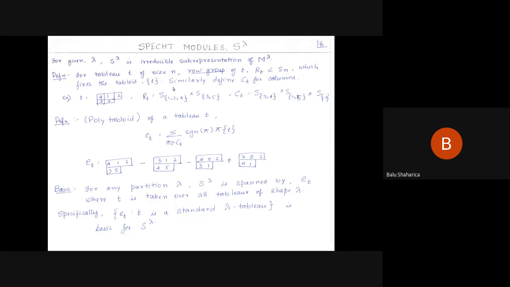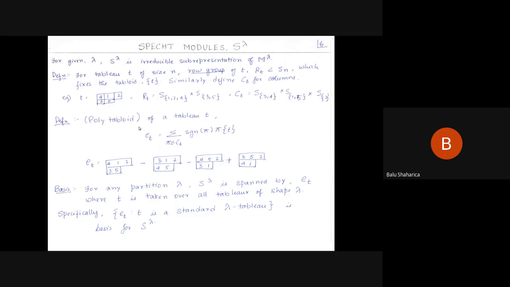For that, I am defining a row group and a column group, which are subgroups of Sn. The row group fixes the rows of the Young tableau, and the column group fixes the columns.